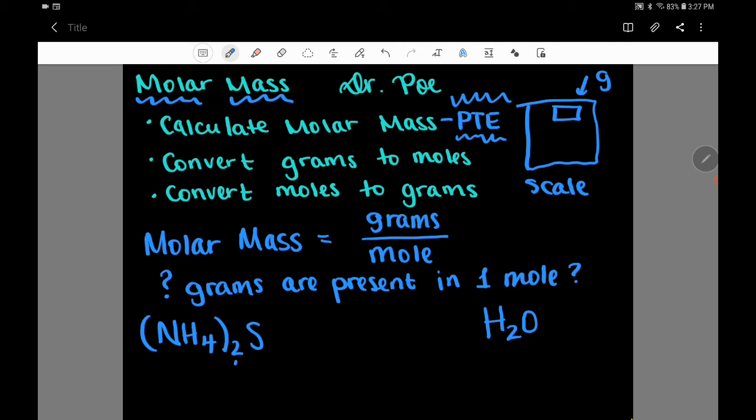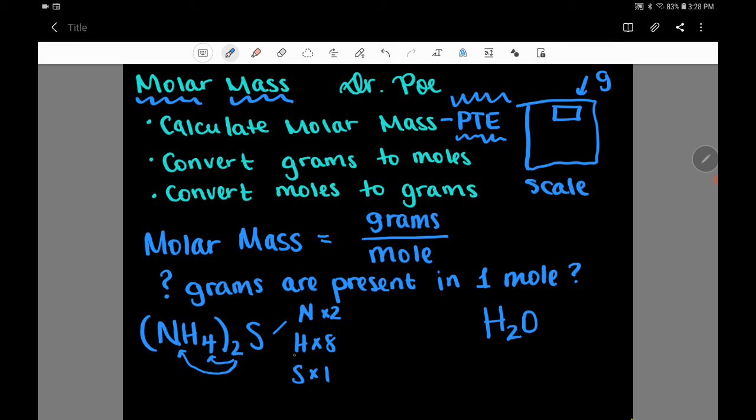So we're going to take this 2 and distribute it to every part inside the parentheses. So really what we have here is 2 N's. We're going to have 8 H's because 2 times 4 is 8. And we're going to have 1 sulfur because that's outside.